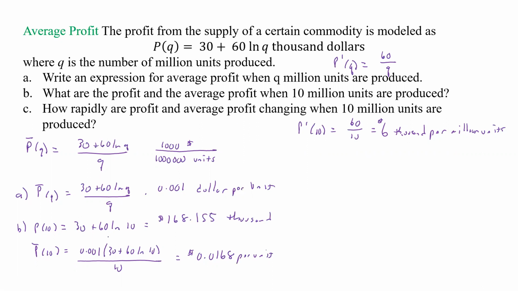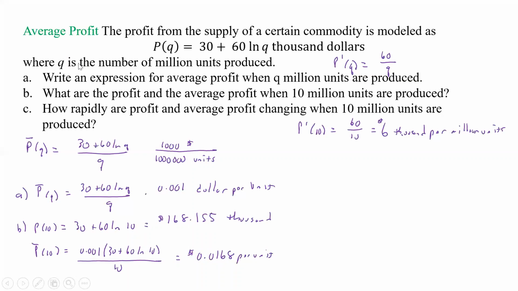Now, P bar prime. Okay, so let's go on to the next page and take the derivative of it. Let's do the 0.001 first, I guess. So we have P bar of Q is equal to 0.001 times 30 plus 60 ln of Q, and then times Q to the negative 1.